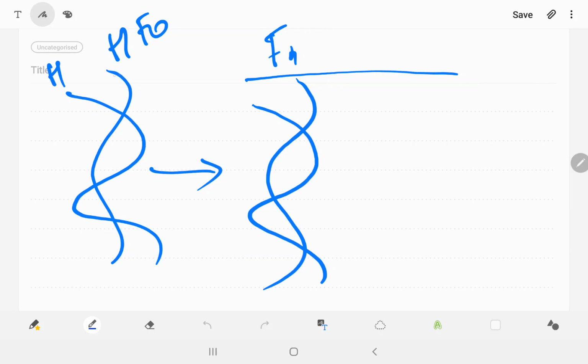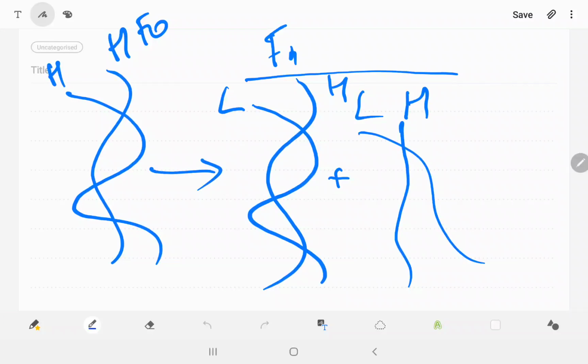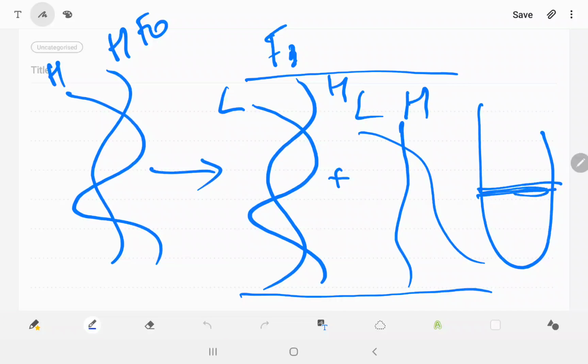So this is heavy. You have a complementary strand in the light medium, so that will be L. You have another strand, that is H, and the complementary light. Both are the intermediate band. That's what I said. You don't have a light band in the F1 generation. You have just an intermediate band, as I told you before.